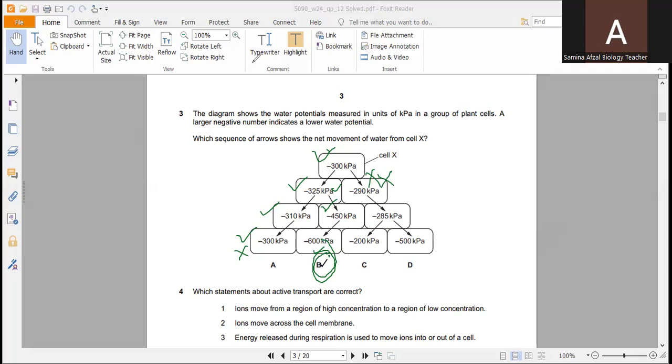Then minus 450 kPa is lower than minus 325, so water will move in this direction. On the other hand, minus 290 is higher than minus 300, so water will not move in this direction. So in this way, only B is the correct option.